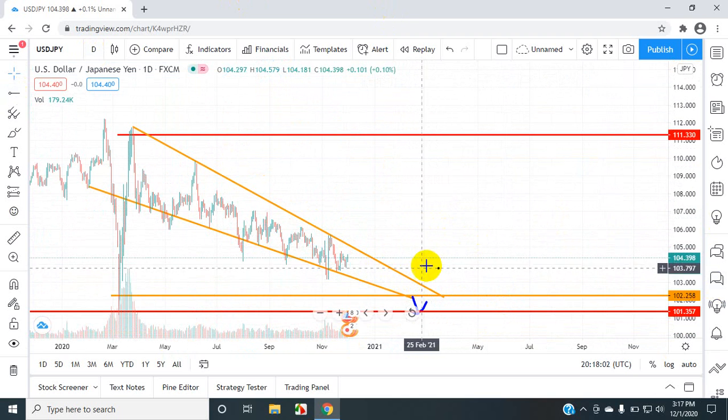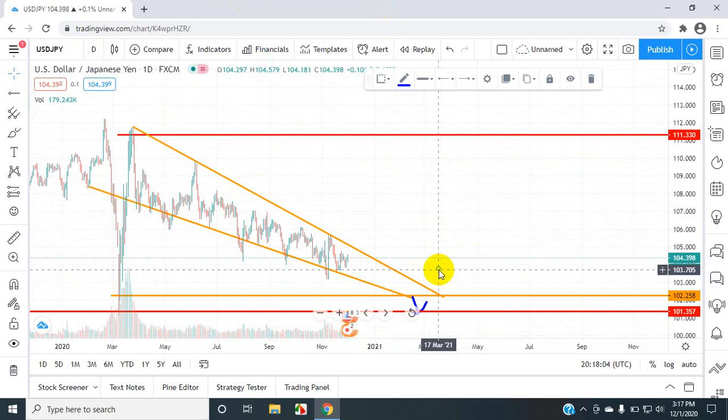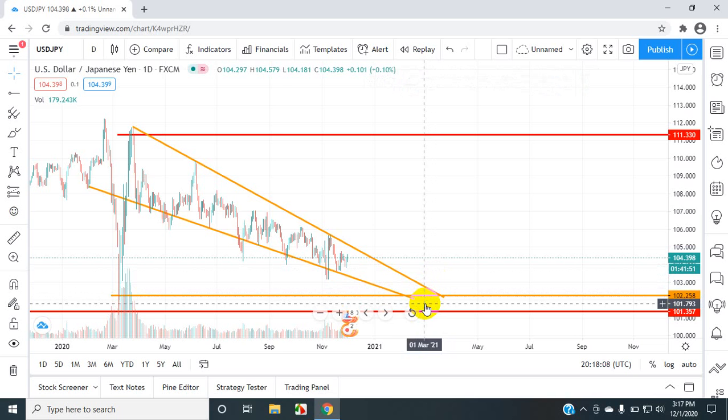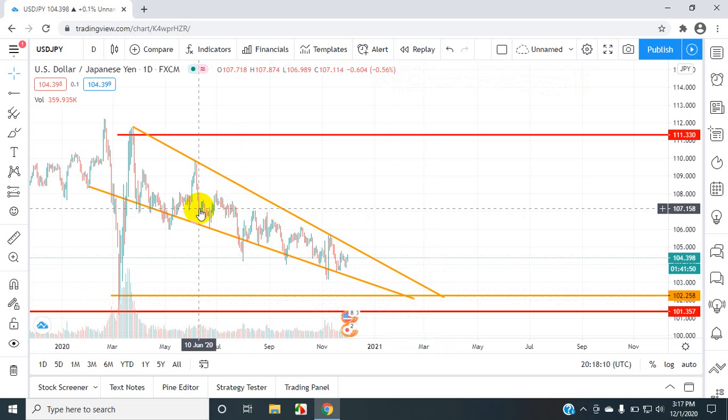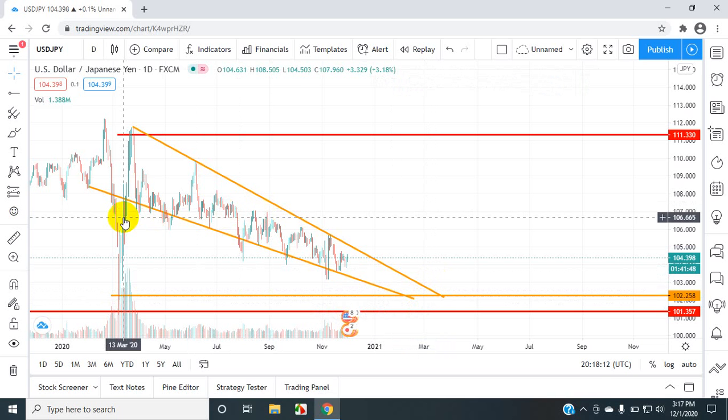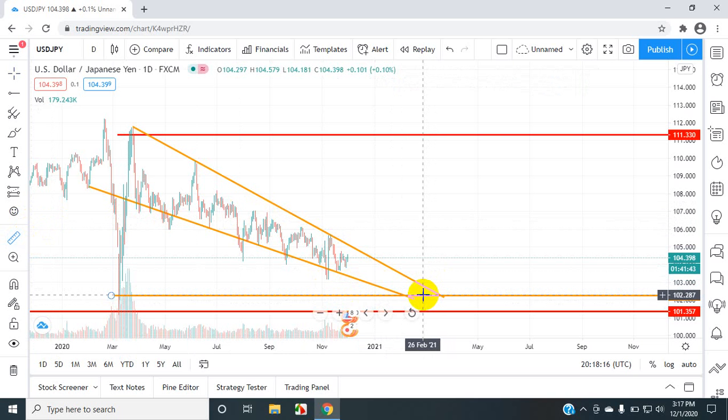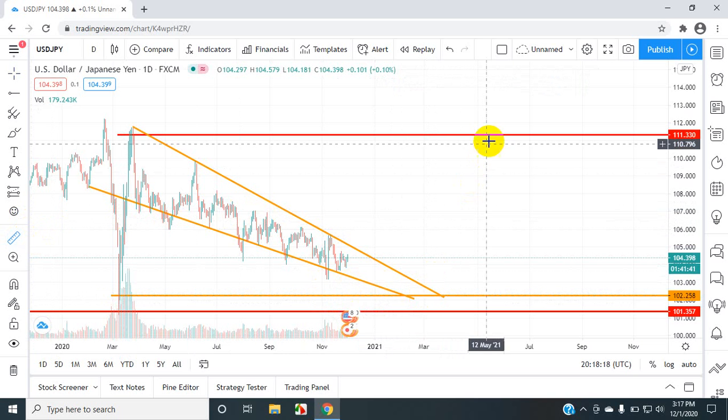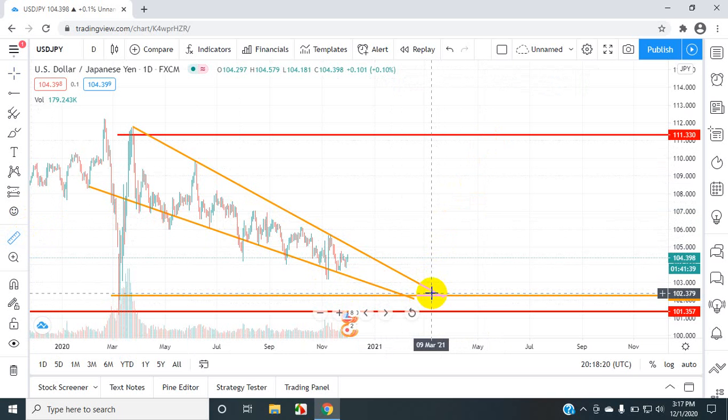Let me clear my screen so we can count some pips to see how many pips we can receive from this trade when we find it, USD JPY. So we took it down to the bottom and we took it all the way back up to the top. We'll find entries about somewhere here. We're going to take that up.